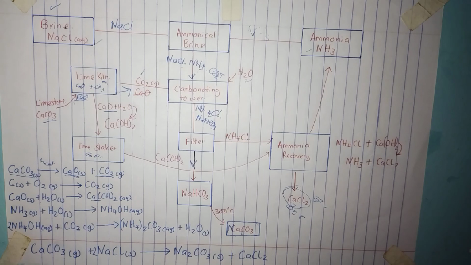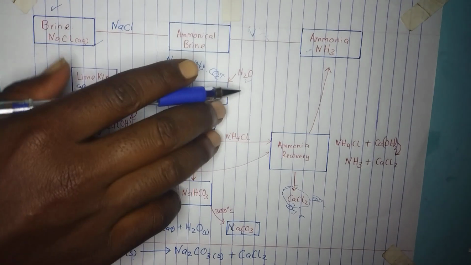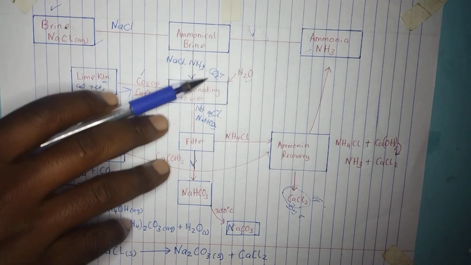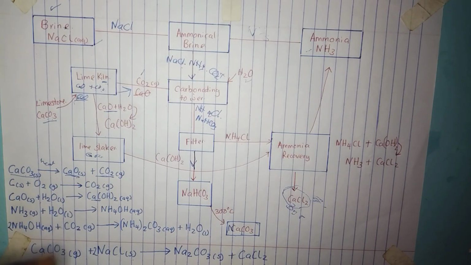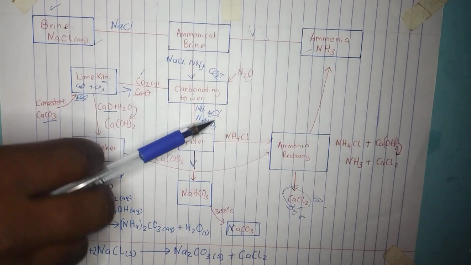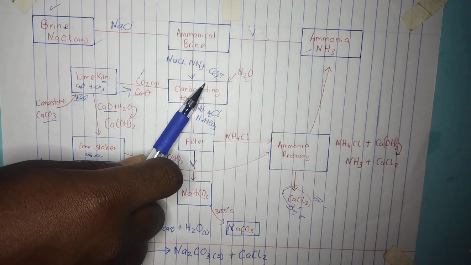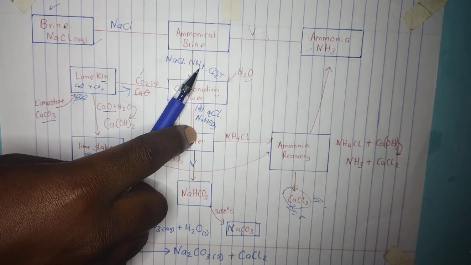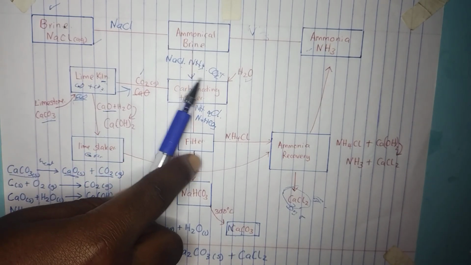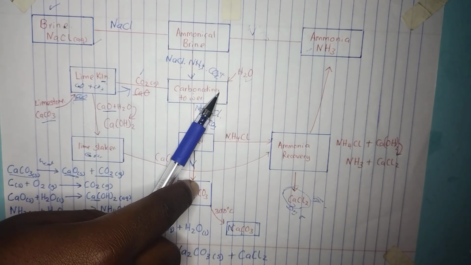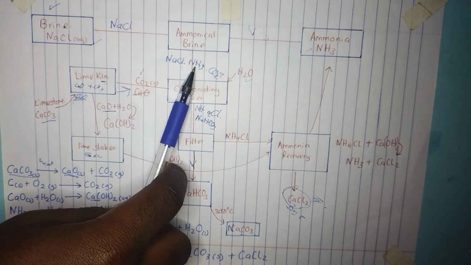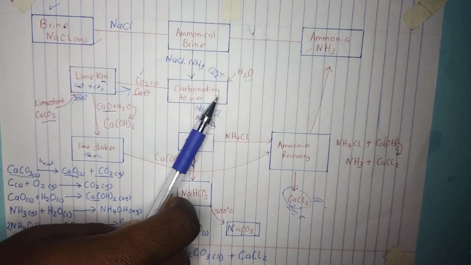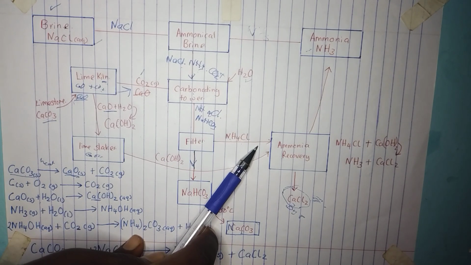Ammonia has the higher affinity to react with water, so ammonia will react with water to produce ammonium hydroxide. Then ammonium hydroxide is reacted with CO2 to produce ammonium carbonate.